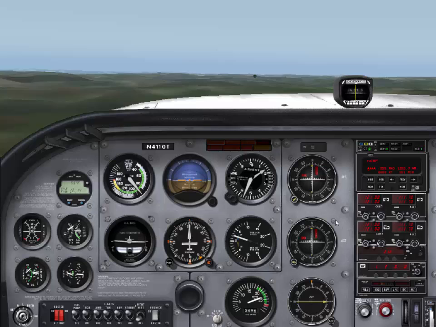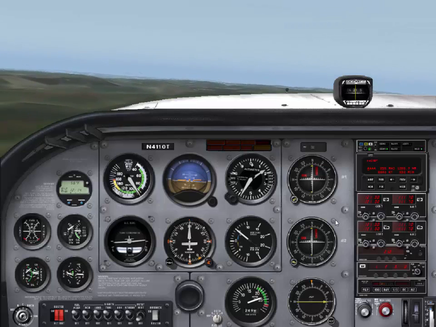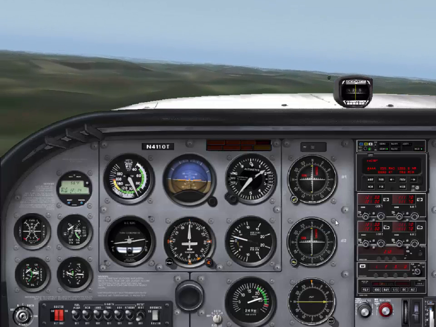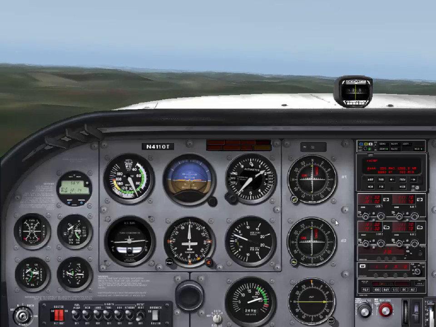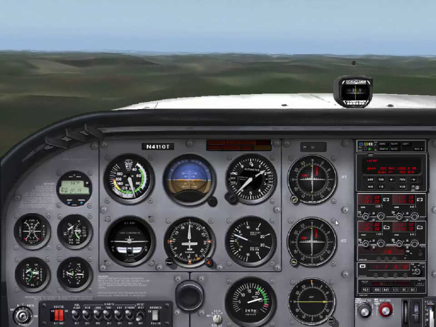This saves the student a lot of money if the instructor finds the student does not have the hand-eye coordination, or generally has anxiety or some other characteristic not desirable in a pilot.